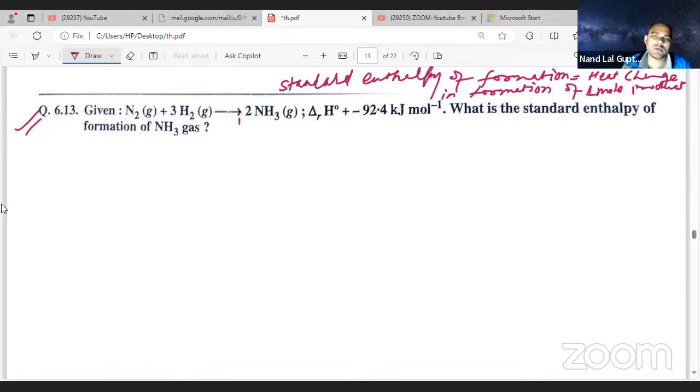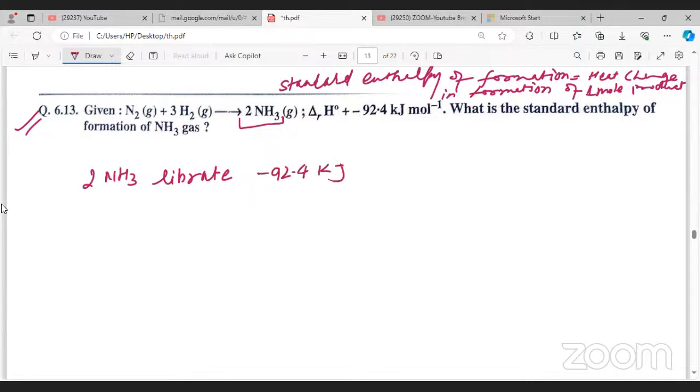See how many moles of product are forming? 2 moles of NH3. How much is each liberating? That is minus 92.4 kilojoule. So for 1 mole, what will be there?